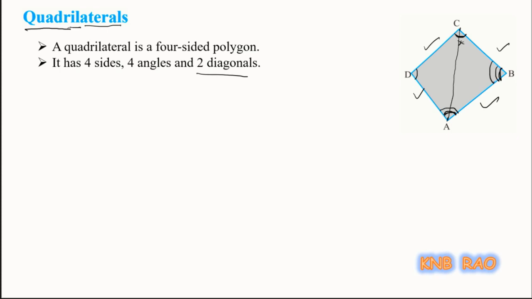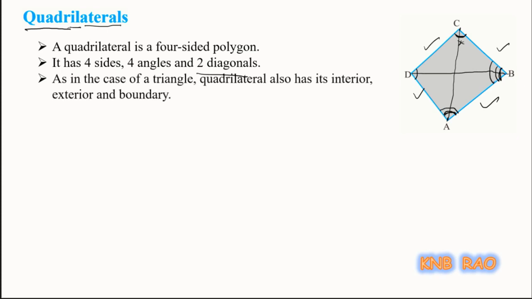So AC is a diagonal. Similarly, if I draw BD, which are non-adjacent to each other, I'll get the second diagonal. So there are two diagonals in a quadrilateral.